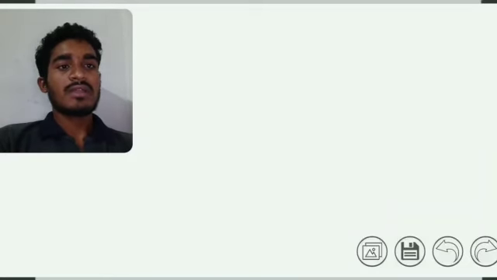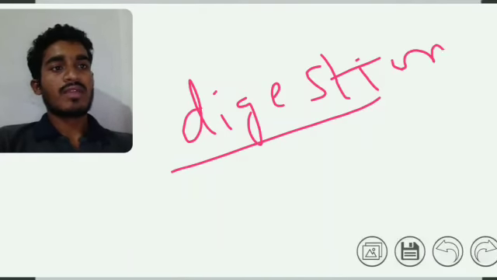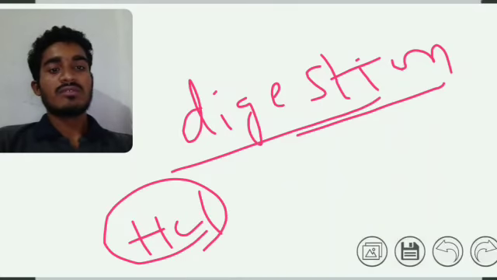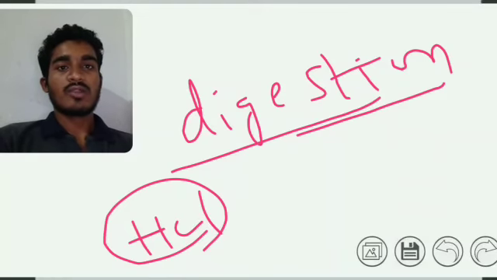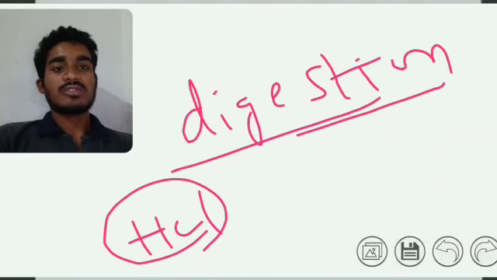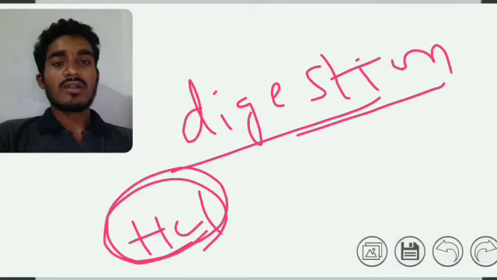If our digestion process is not working, the HCl may not be produced, and whatever food we take in will take a longer process. So when we take some time and then take water, HCl works.